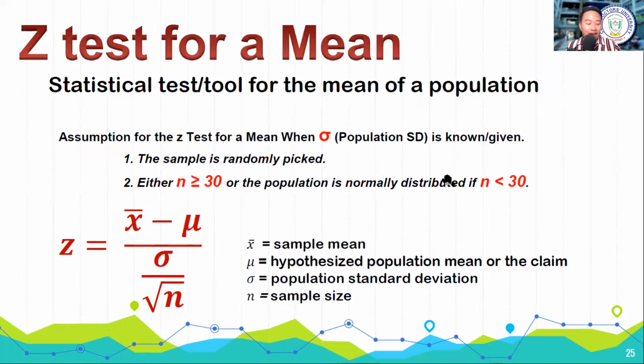So again, these are the requirements, guys, for you to be able to use the z-test for a mean. First, the population standard deviation should be given or should be known. The sample is randomly picked, and the sample size is greater than 30. But if it's not greater than 30, the population distribution should be normal.